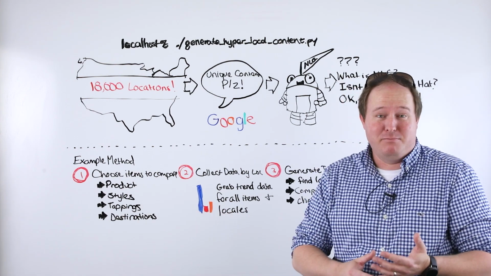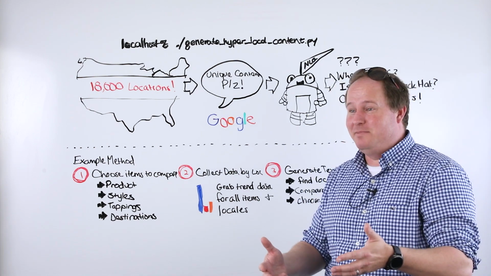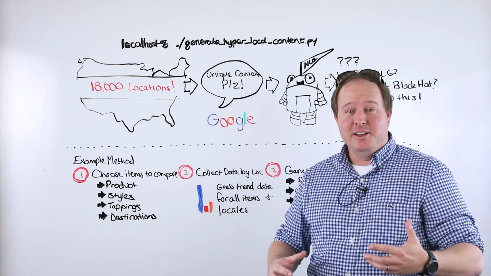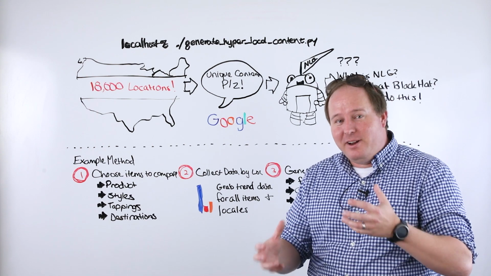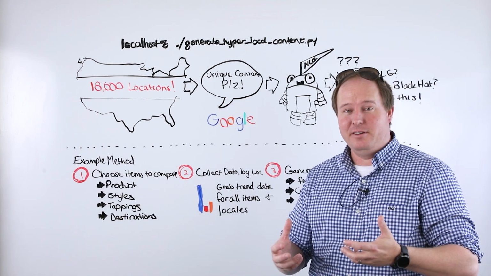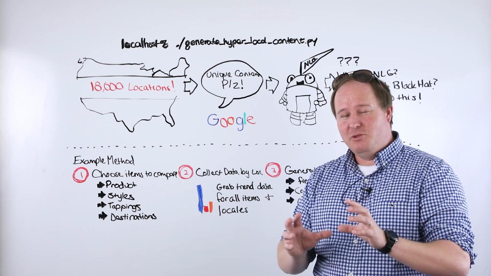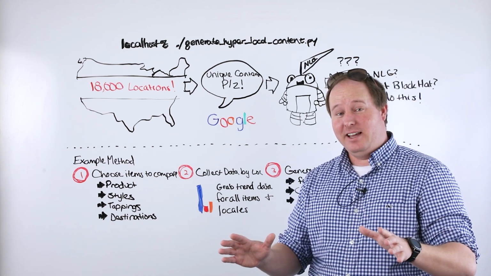They either have products or services, and those products and services might have styles or flavors or toppings or just all sorts of things that you can compare about the different items and services that they offer. And therein lies our opportunity to produce unique content across almost any region in the United States.